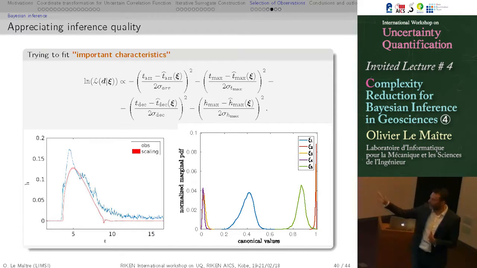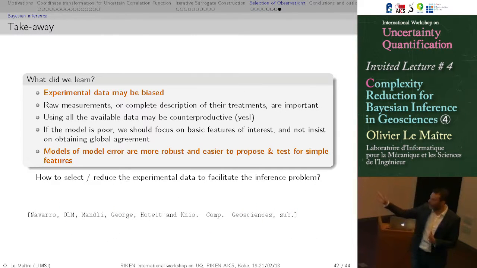So how to come up with techniques that can ideally automatically select the features that are informative and the lowest number possible of features, so to make your inference problems simpler, is clearly an open problem.